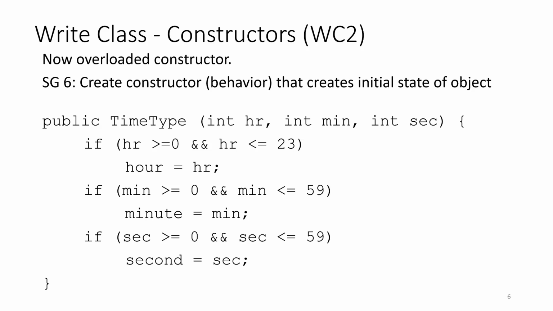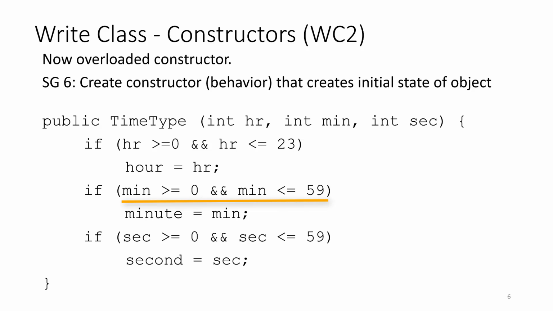Now we want to do the logic. For this example, we want to ensure that the variables that we bring in as parameters have valid values before we assign them to our instance attributes. So for the case of hour, the first parameter, it needs to be between 0 and 23 inclusive. So we check that before we assign the value to our instance attribute hour.